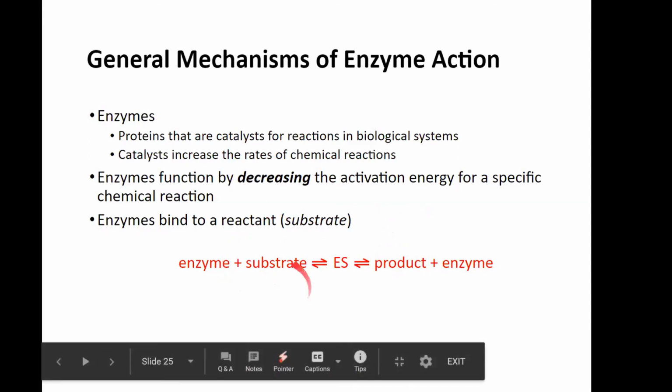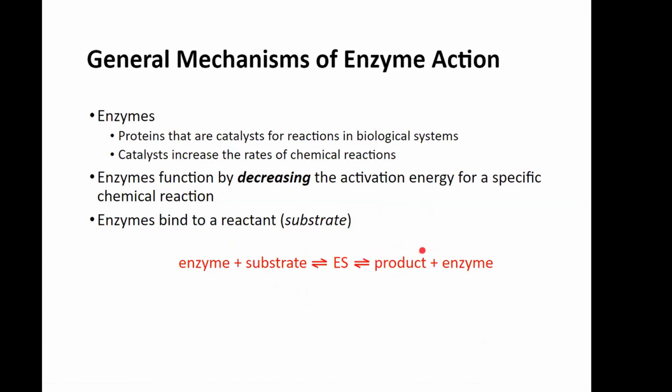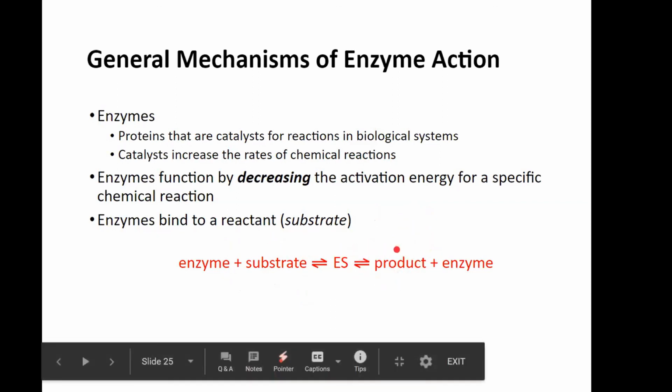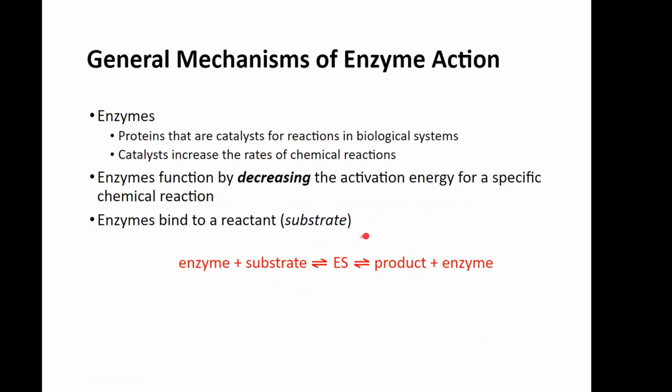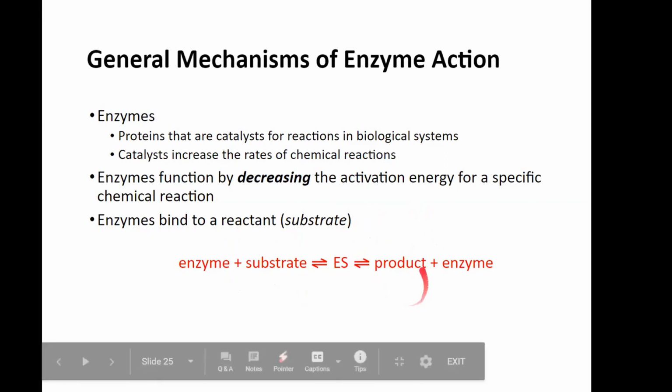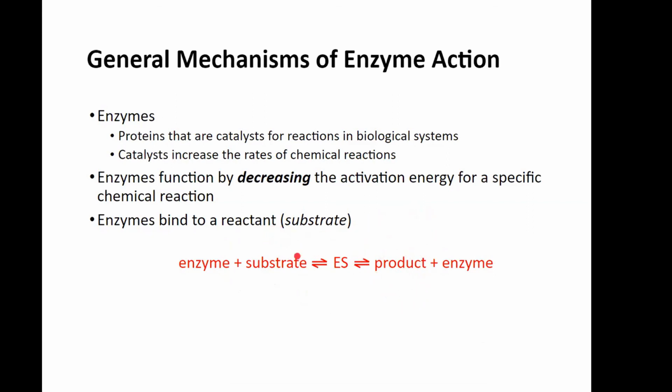So if we have a lot of substrate, we're going to convert it to the right, to product. But if we had a ton of this product and not very much substrate, we might have this reaction go in the opposite direction. To the left, we might have this product actually flip back and turn into the substrate. So that's why we have those bidirectional arrows there.